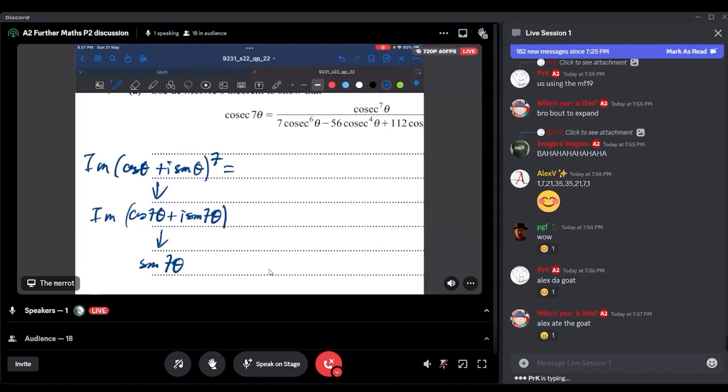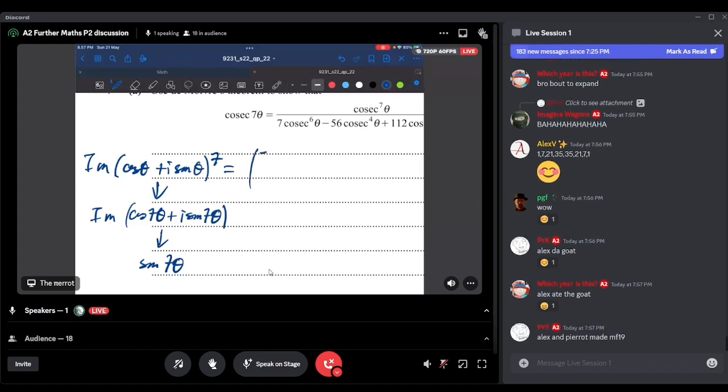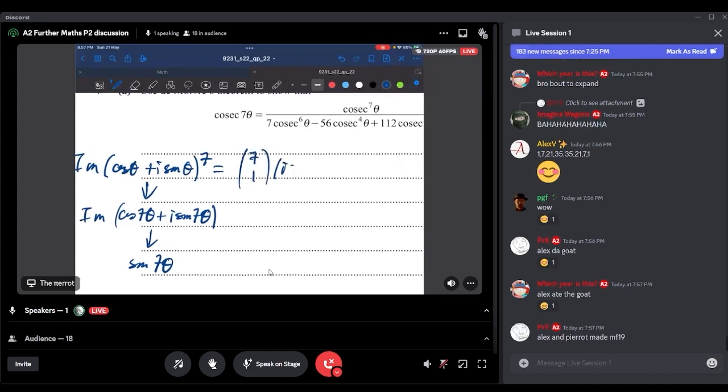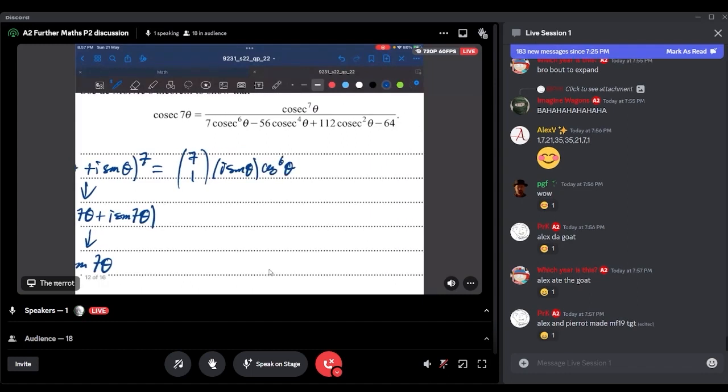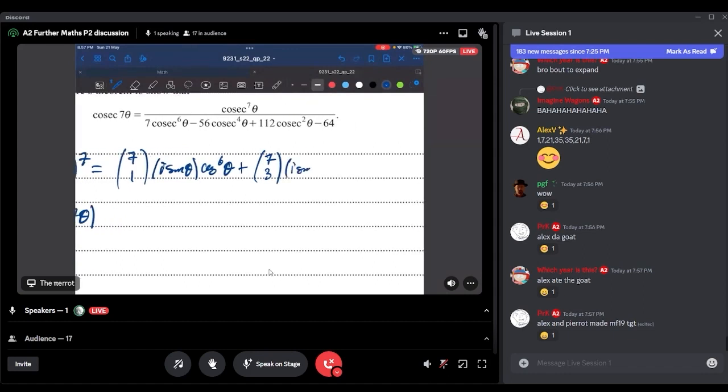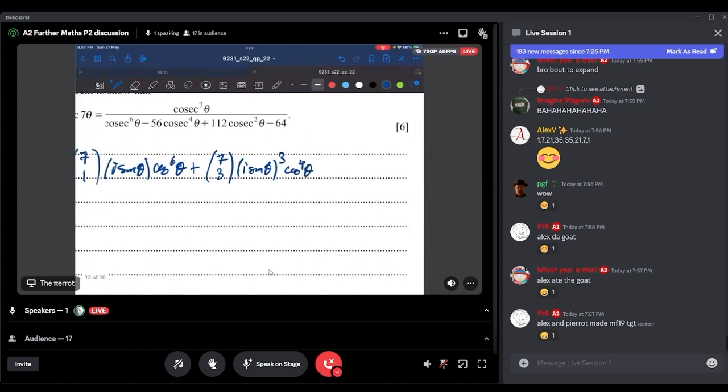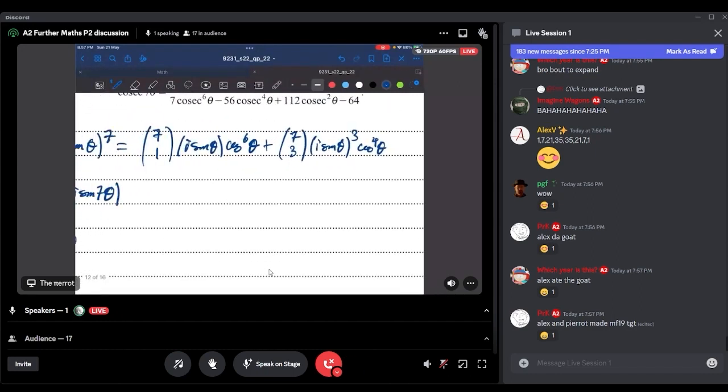So 7 choose 1, i sine theta cosine power 6 theta, plus 7 choose 3 now, i sine theta power 3 cosine power 4 theta. Even in this, I don't have space. Whatever, just put it here. 7 choose 5, i sine theta power 5 cosine square.